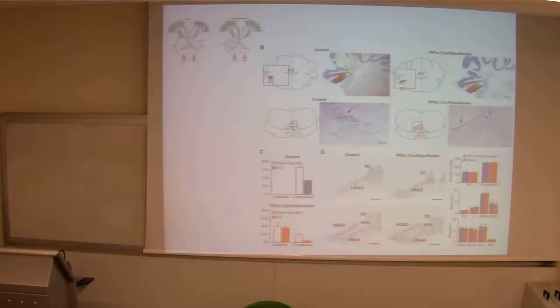This time you can see that if you inject the tracer in the left hemisphere, it goes to the right hemisphere in the control, but in the knocked out mice it goes also to the ipsilateral hemisphere, but also to the contralateral.